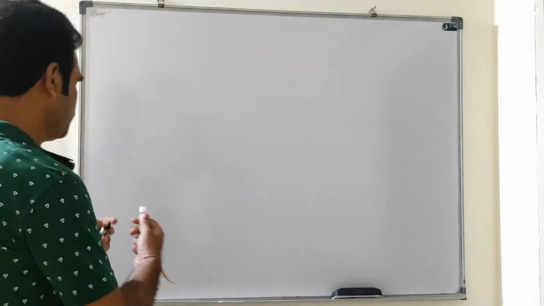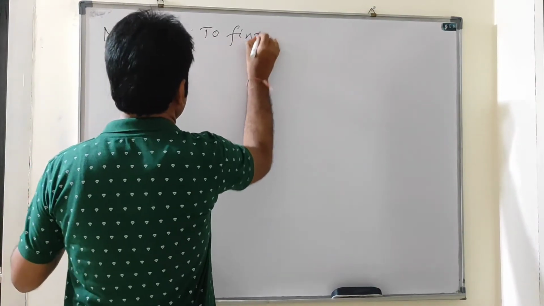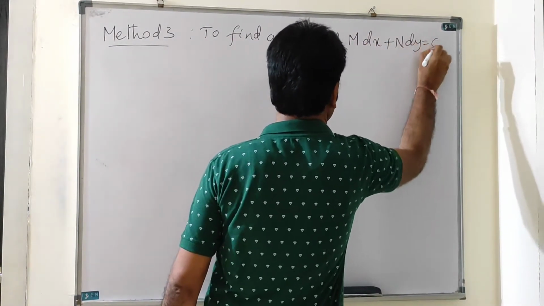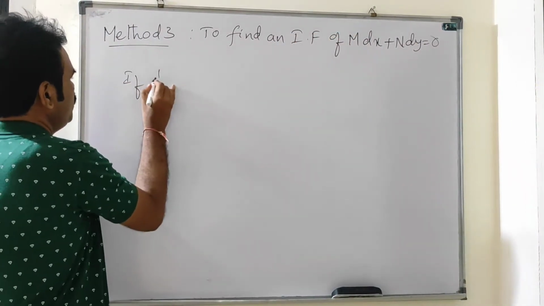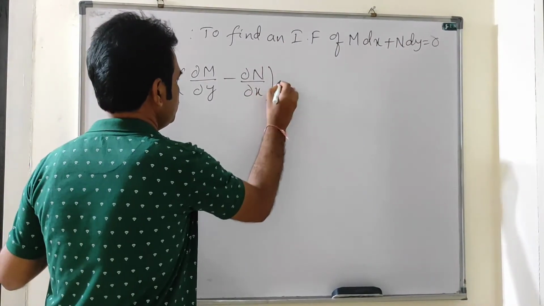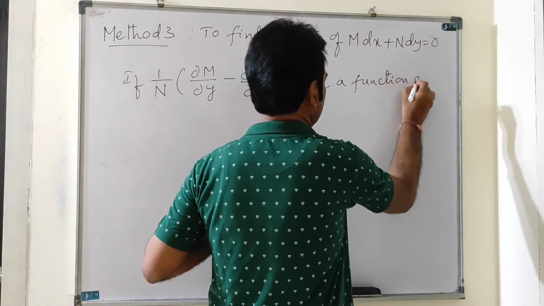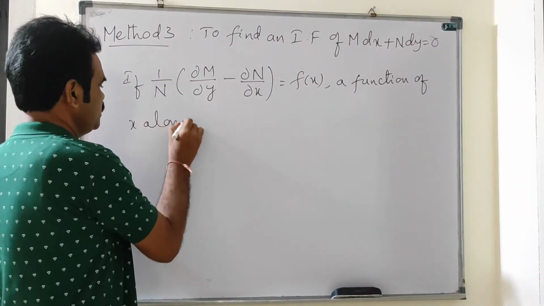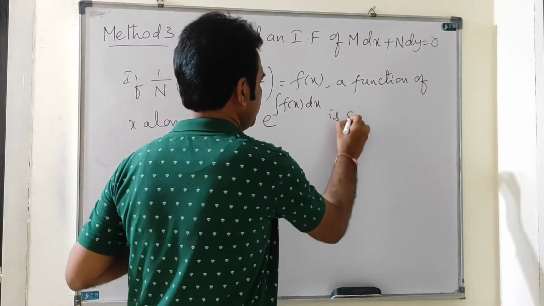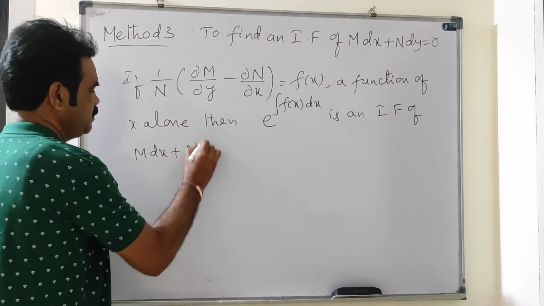Next, see the next method, method 3. To find an integrating factor of M dx plus N dy equal to 0: if 1 by N into (∂M/∂y minus ∂N/∂x) is equal to f of x, a function of x alone, then e power integral f of x dx is an integrating factor of M dx plus N dy equal to 0.